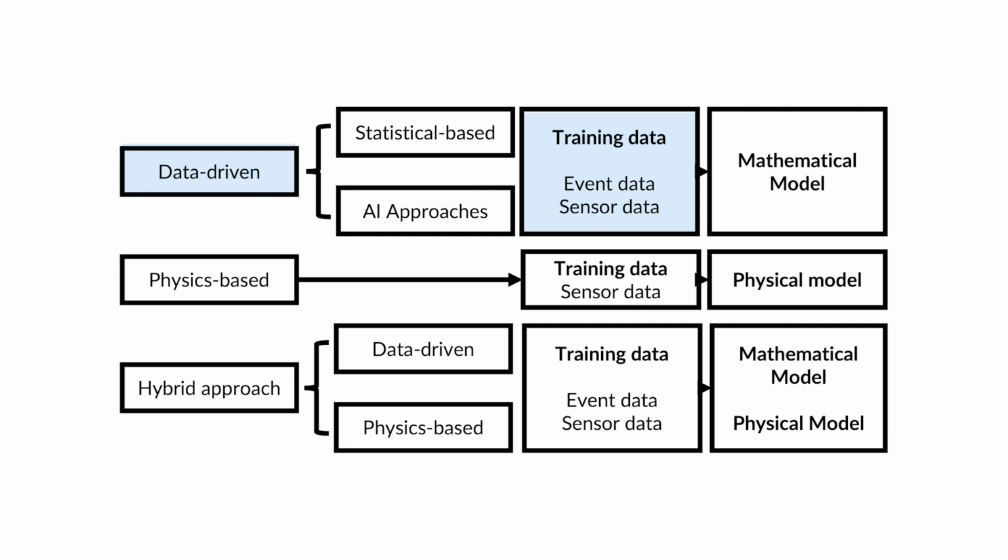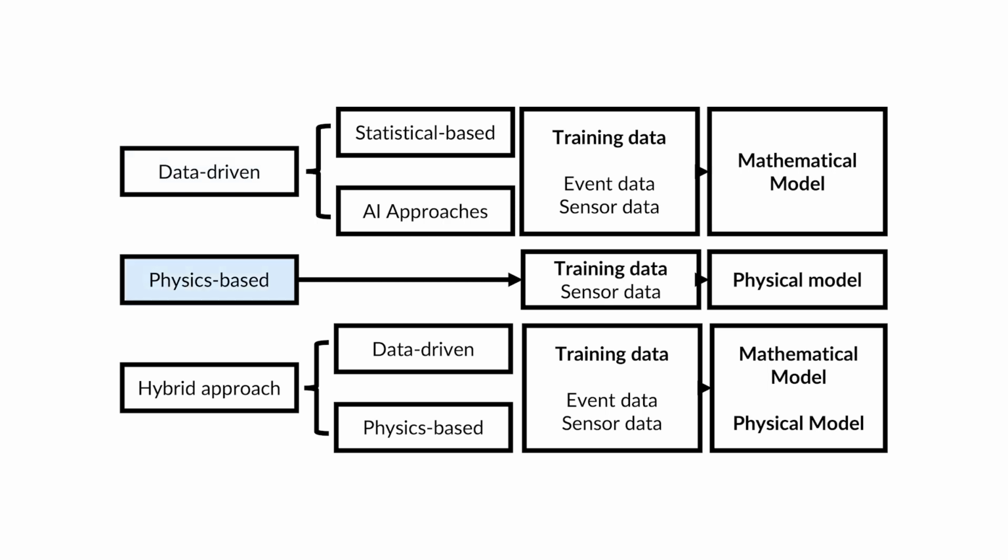But we also need sensor data. For those systems that have failed in the past, how was the condition in terms of pressures, temperatures, vibrations, and so on. With this, we can create a mathematical model which is more abstract than, for example, the physics-based models, and try to predict what's going to happen in the future or classify what's happening currently in the moment.